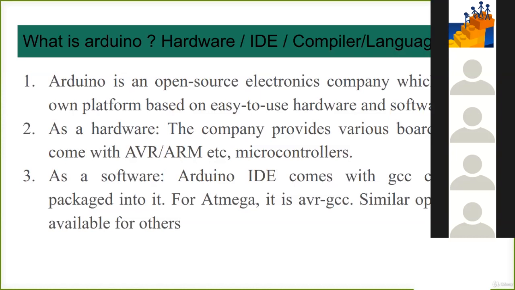You will get much more clarity when I compile some code on Arduino, and you will understand the flow of working using Arduino, and the basic difference between a compiler and an interpreter at that time.